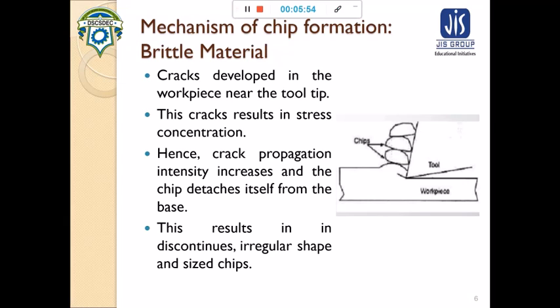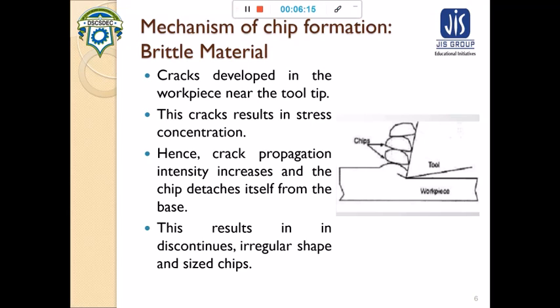So first, due to this shear deformation, what is happening? Due to this shear deformation, in the workpiece, at the chip-tool interface, small cracks are generated.